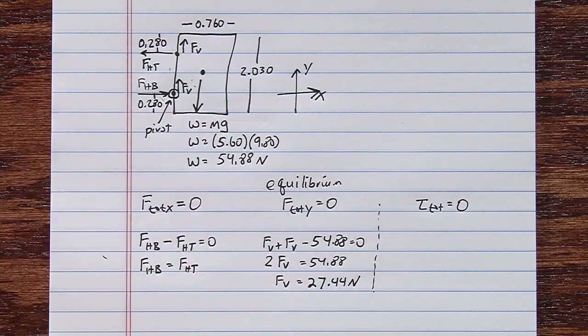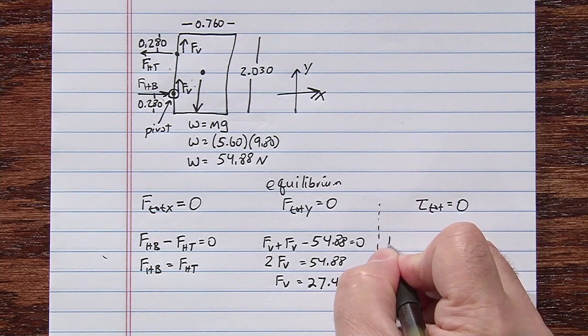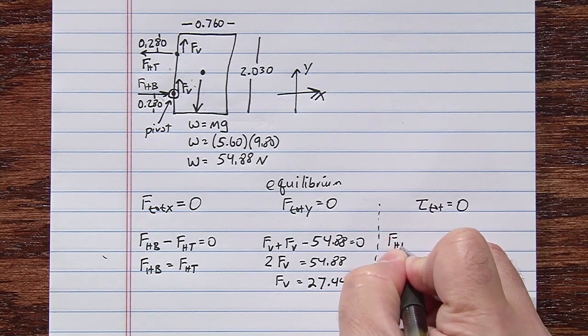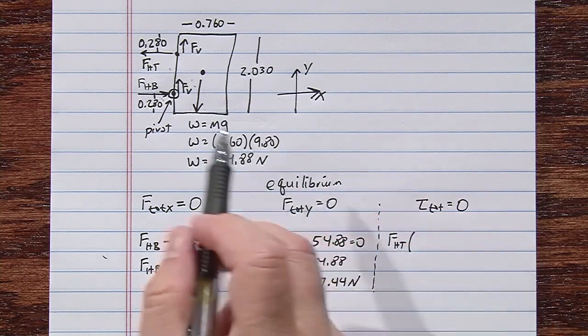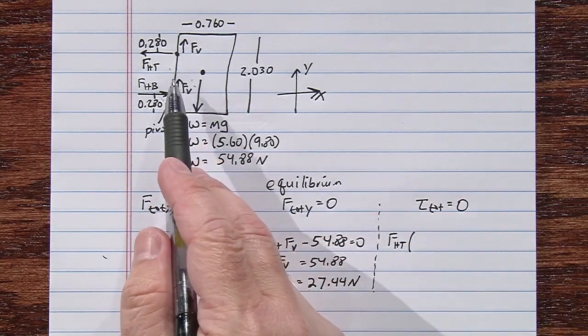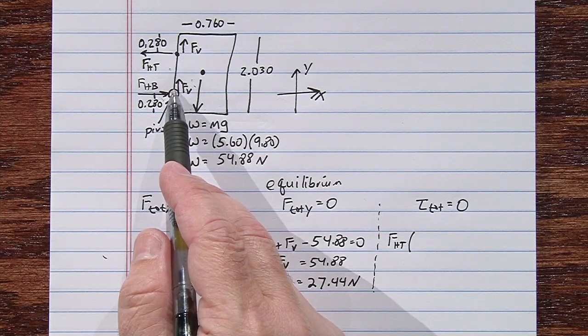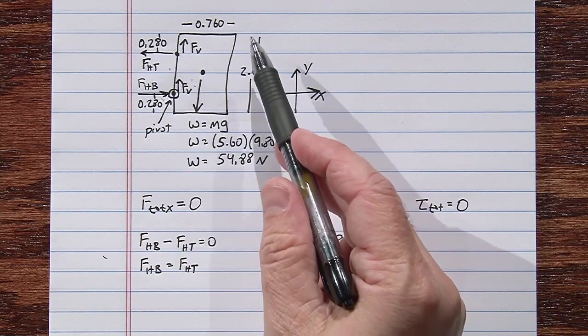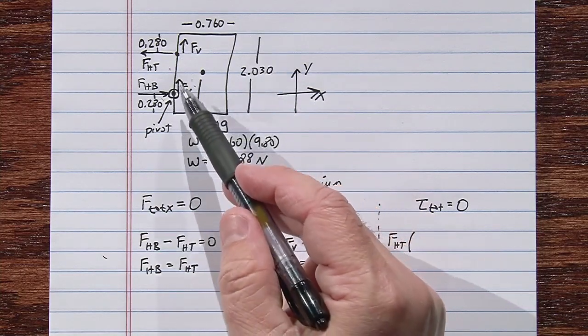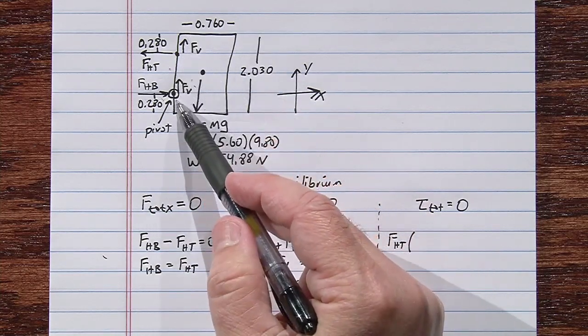Okay, so the total torque is the force of the hinge at the top, times the distance that force is applied from the pivot. Now that would be the height of the door minus twice our 0.280.